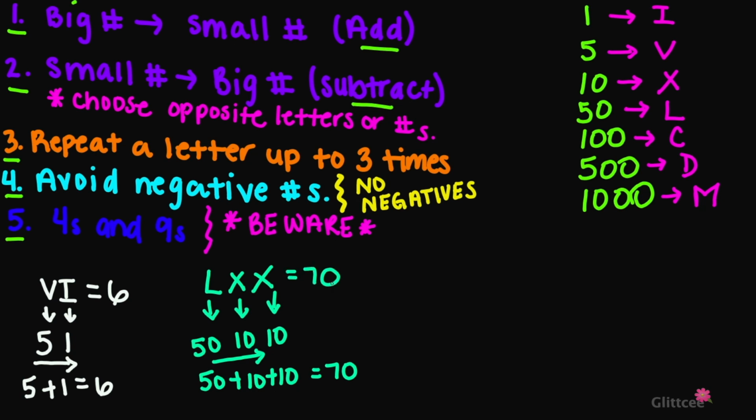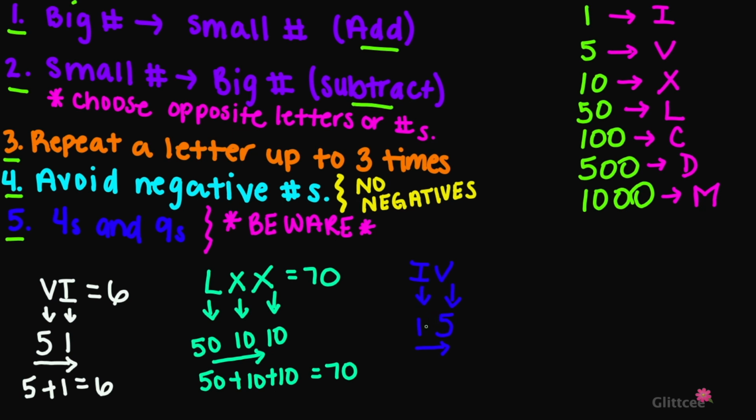Let's try another example. Let's try IV. We know that I is 1 and then V is 5. Based on these numbers, am I going from big to small or small to big? We're going from a small number to a big number. So if you're going from a small number to a big number, that means you need to subtract.